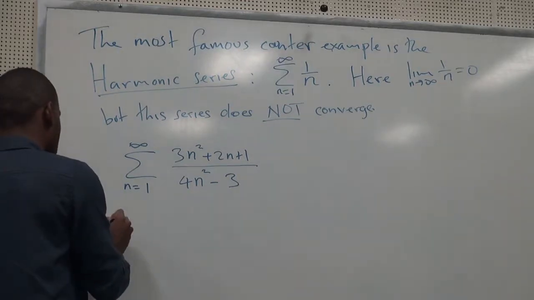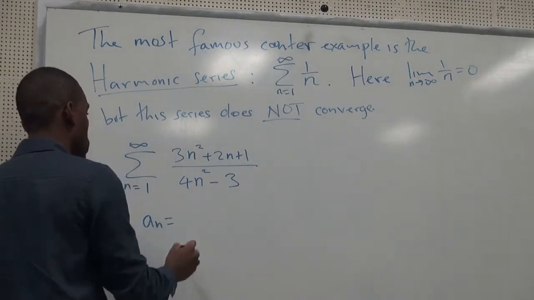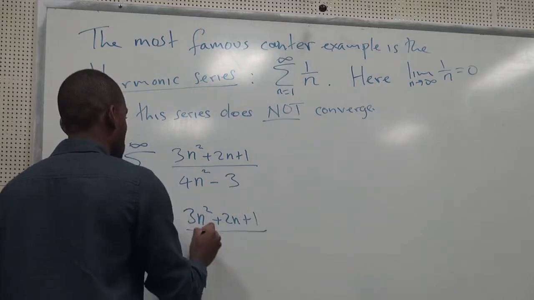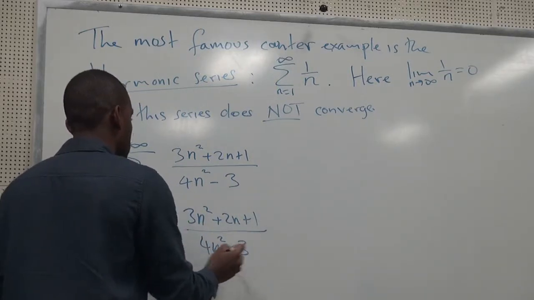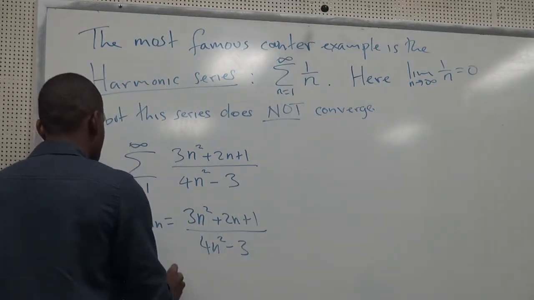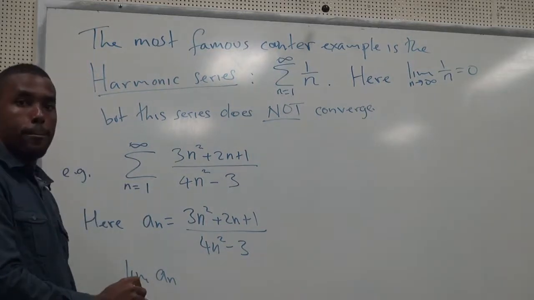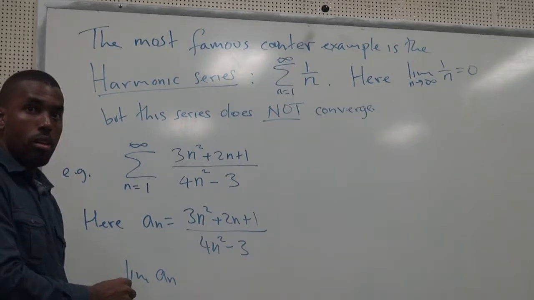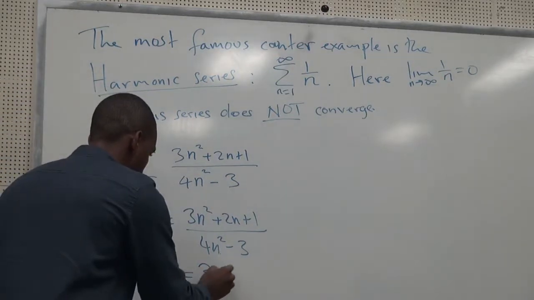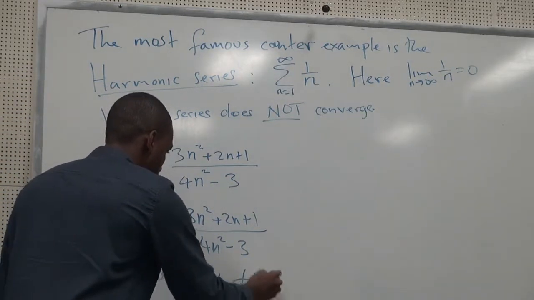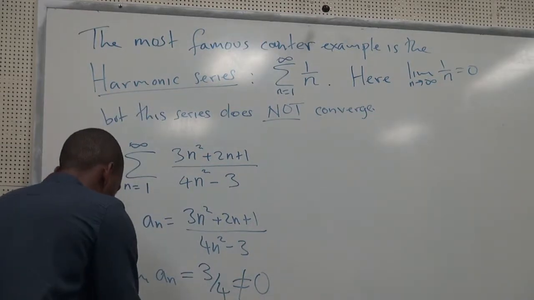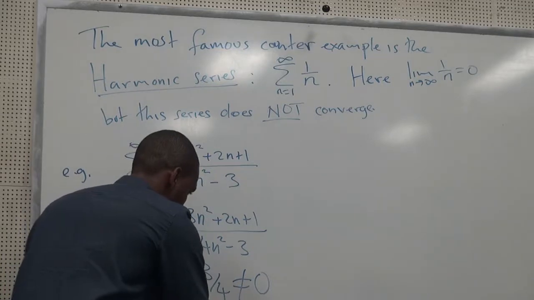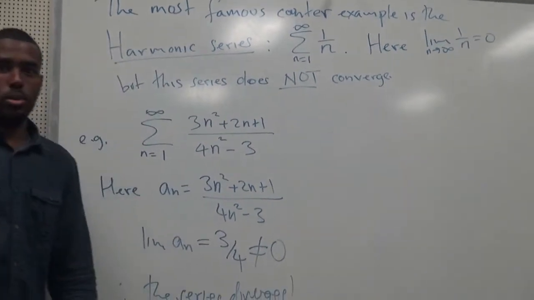Here, a_n would be what? 3n squared plus 2n plus 1 over 4n squared minus 3. So the limit of a_n is what? What's the limit of this? 3 over 4, which is not 0. Therefore, the series diverges. That's it.